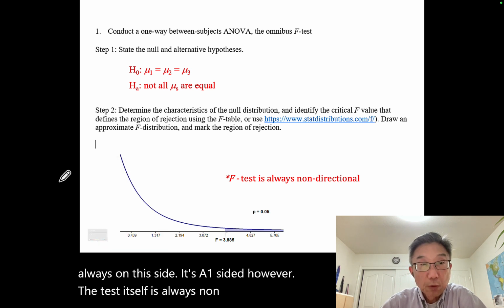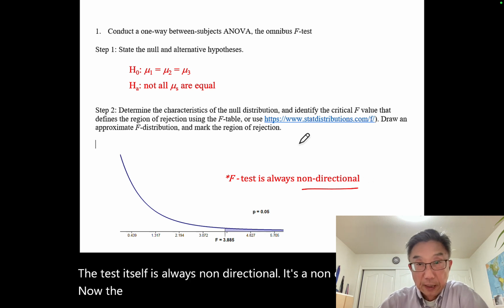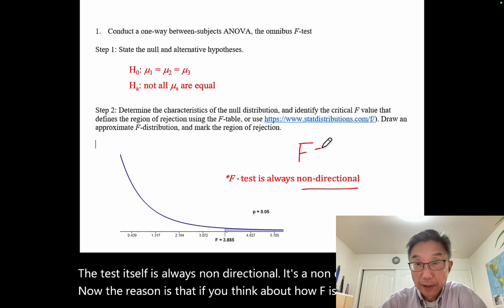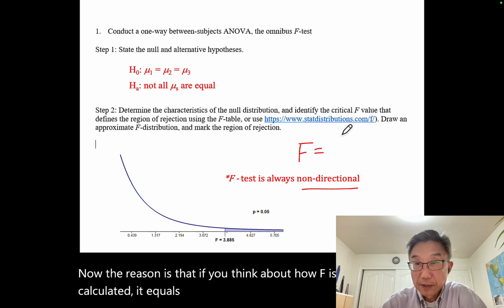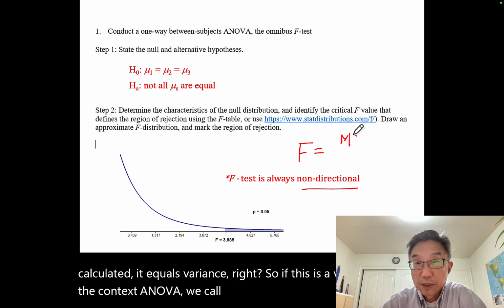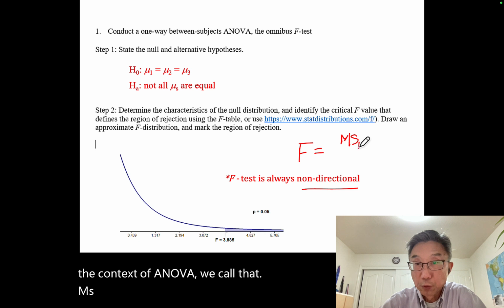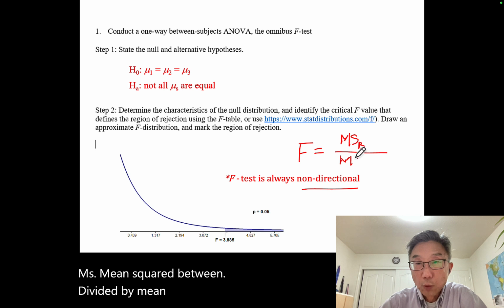It's a non-directional test. The reason is that if you think about how F is calculated, it equals a variance. In the context of ANOVA, we call that MS, mean squared between, divided by mean squared within.